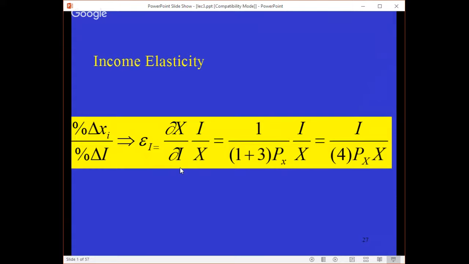We're holding all that stuff fixed, therefore constant. So the partial is just 1 over 1 plus 3 PX, times I over X. And then I just do the algebra. I get I divided by 4 PX X. And that's income elasticity.